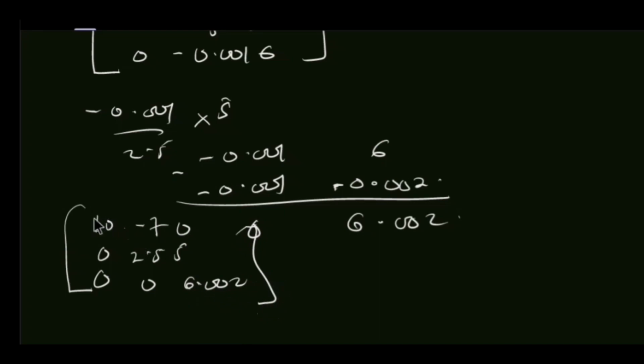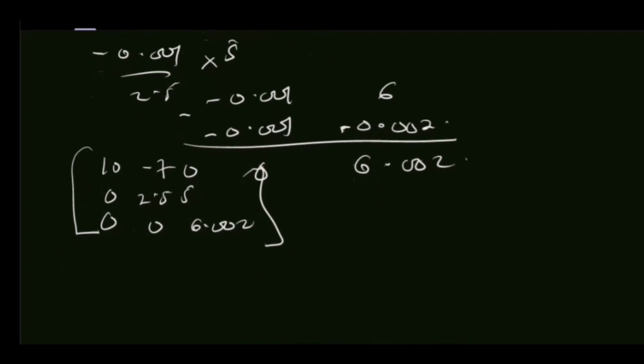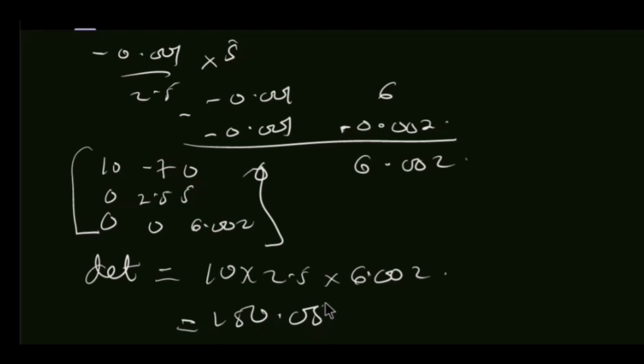So you can clearly see that I have my upper triangular matrix here, and the rule is that you multiply the diagonal entries. The determinant of this particular matrix is equal to 10 by 2.5 by 6.002, and that is going to give me 150.05.